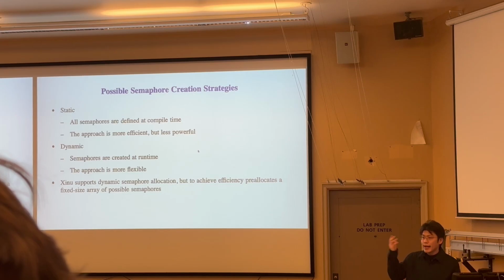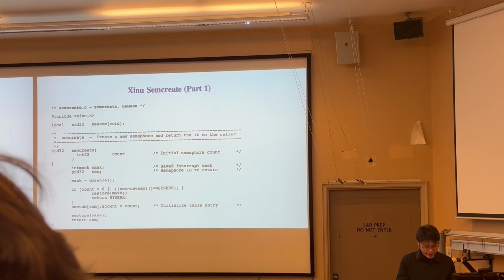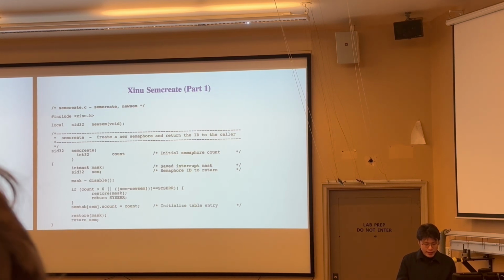Semaphore creation. In Xinu, all the semaphores are created at runtime. They are dynamic, and this is how you create a semaphore. It's very simple, because you just modify one of the semaphore entries in the semaphore table and initialize its count.